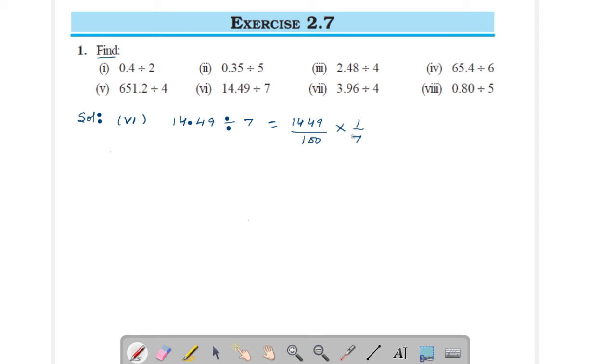Here cancel the terms. 1449 and 7 can be cancelled by 7. 7 1 ja. Here cancel it by 7. 7 2 ja 14. 0 7 7 ja 49. It will be 207 upon 100. Put decimal. It can be written as 2.07. Then come to seventh part.